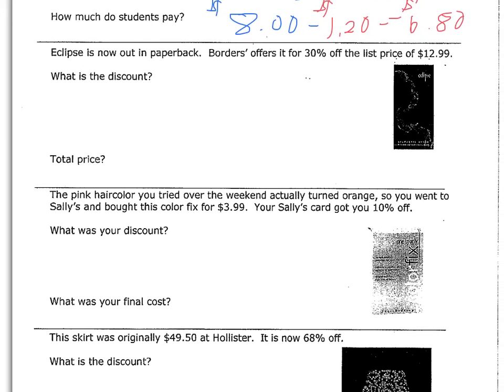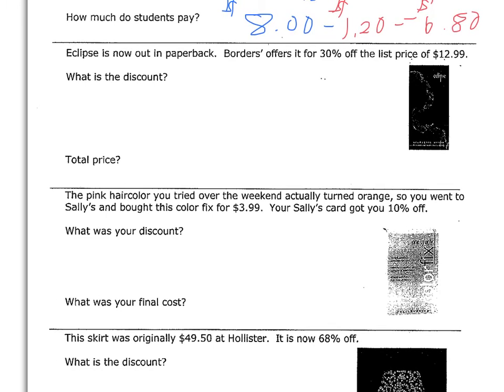Eclipse is now out in paperback. We're talking about the Twilight book. Borders offers it for 30% off the list price of $12.99. What is the discount? Once again, we take our discount, which is 30%, and multiply that by our original price.